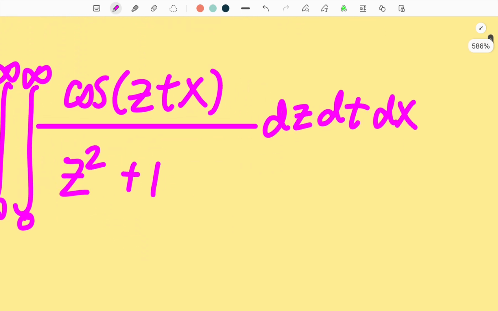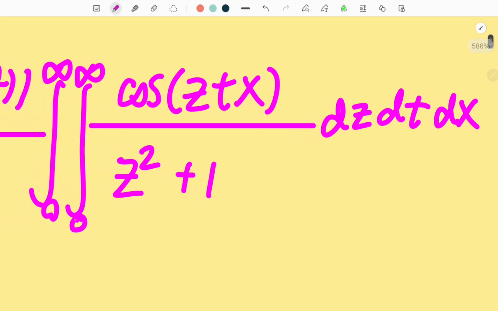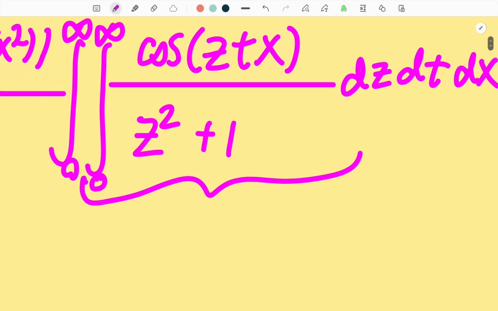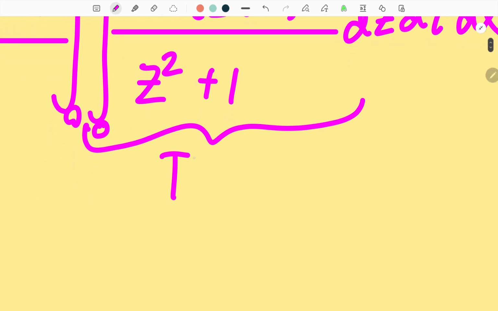From here, what I want to do is solve the z integral, solving the triple integral inside out. We'll call it I sub z.